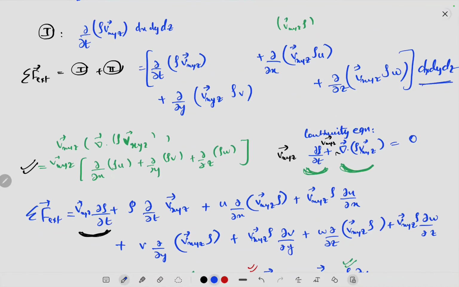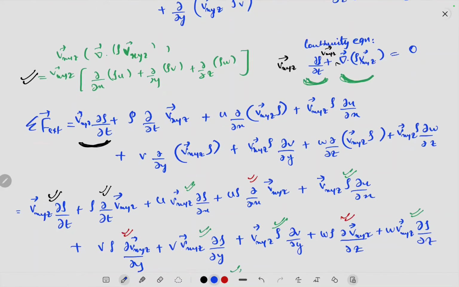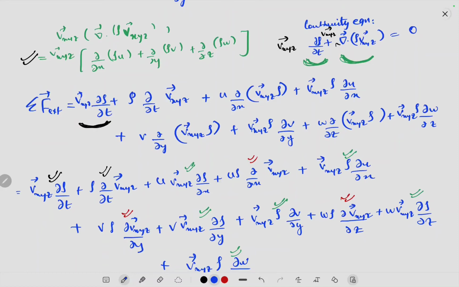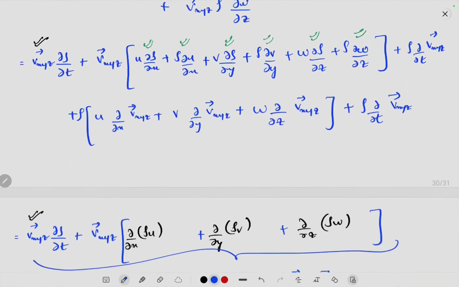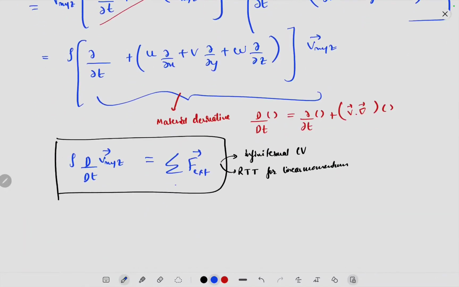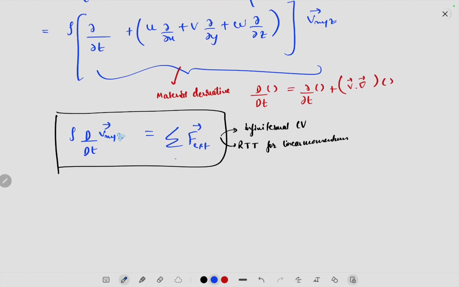So we wrote it outside but forgot to put it, and we added all the terms together. So let's just write it as summation of external dx dy dz, then this will be consistent, and at the end there should be a dx dy dz equal to summation of x.